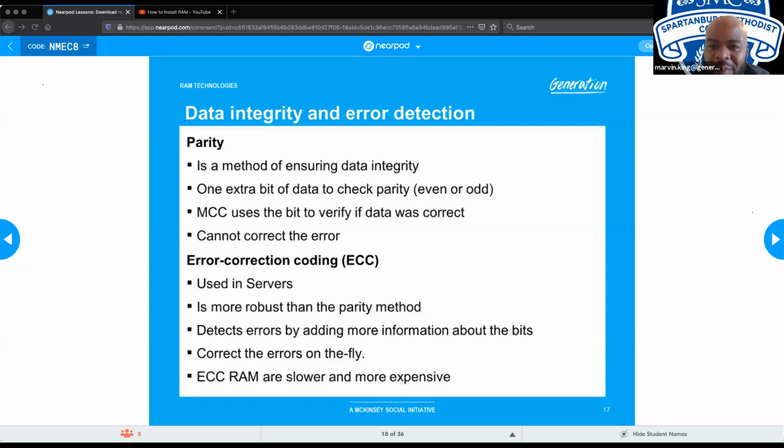It'll check, okay, I got how many ones, how many zeros, what should this be? It should be a 1 or a 0. It'll let us know we're having an error coming across. And that's what he's doing.